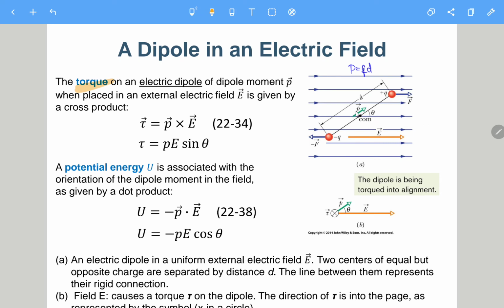So P points to the top right direction, and then E points to the right side. In high school physics, you should already know the right hand rule: you use your forefinger pointing to P, and then you rotate it to E, and the direction of your thumb is the cross product, the torque.